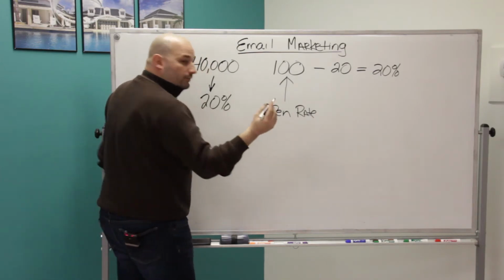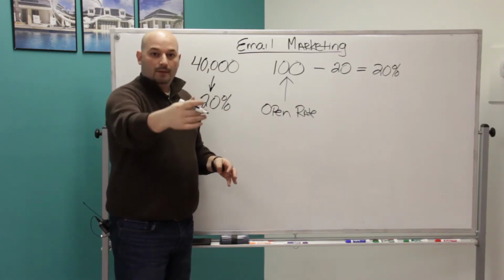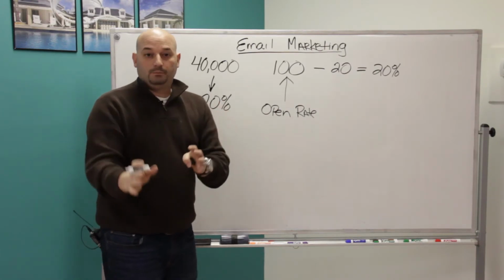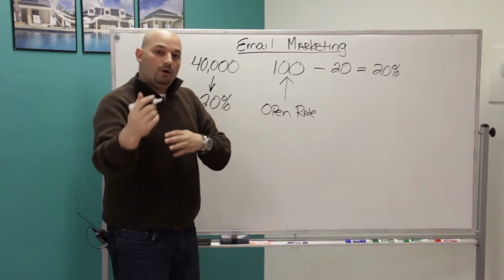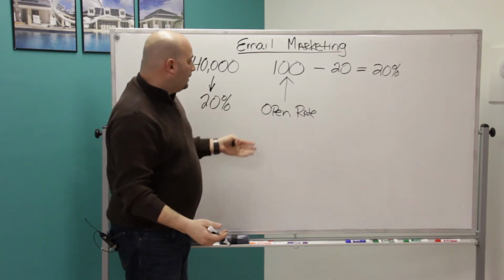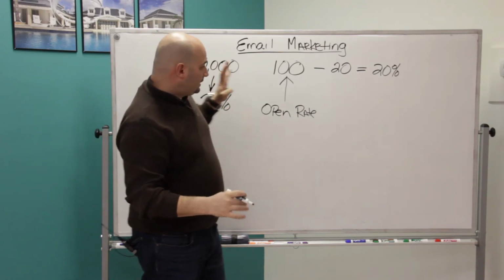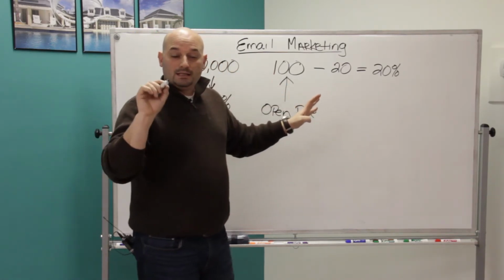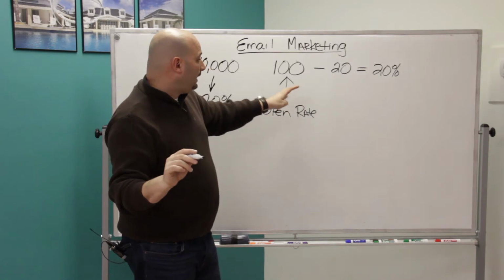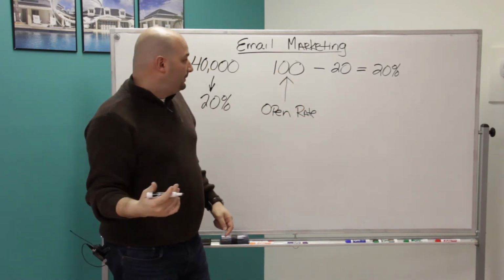So you create an email and you're going to learn more about this in the coming videos. I'm going to talk about the email platforms and subject lines and what to write in the email and so on and so forth. But for the purposes of this explanation, just know that your email subject line is what's going to predicate or get people to open up the email.